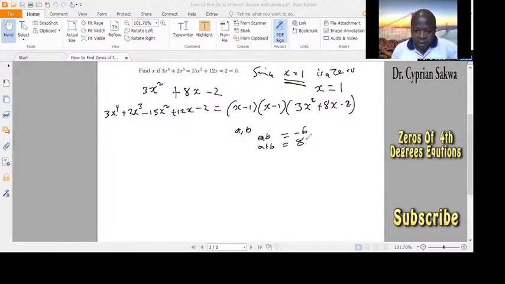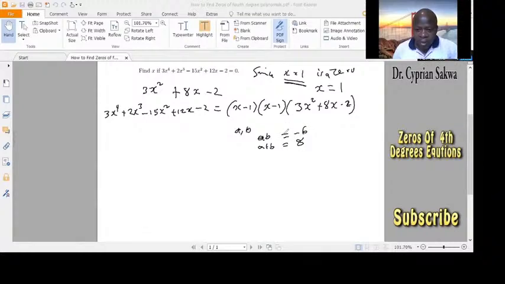I'm looking for two terms which when multiplied give us negative 6, and when added give us 8. Those two terms are not there. I cannot see them. Maybe you can see them, but I cannot.